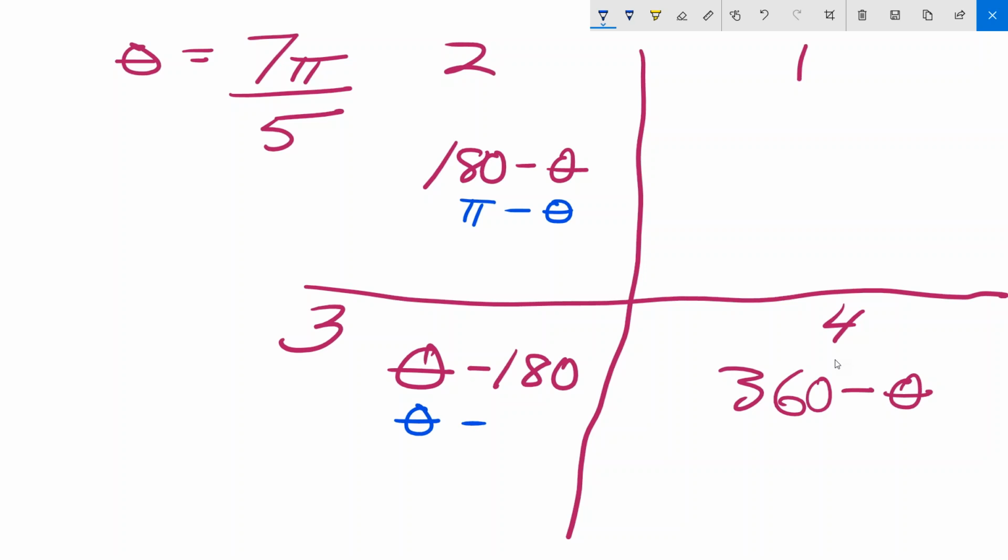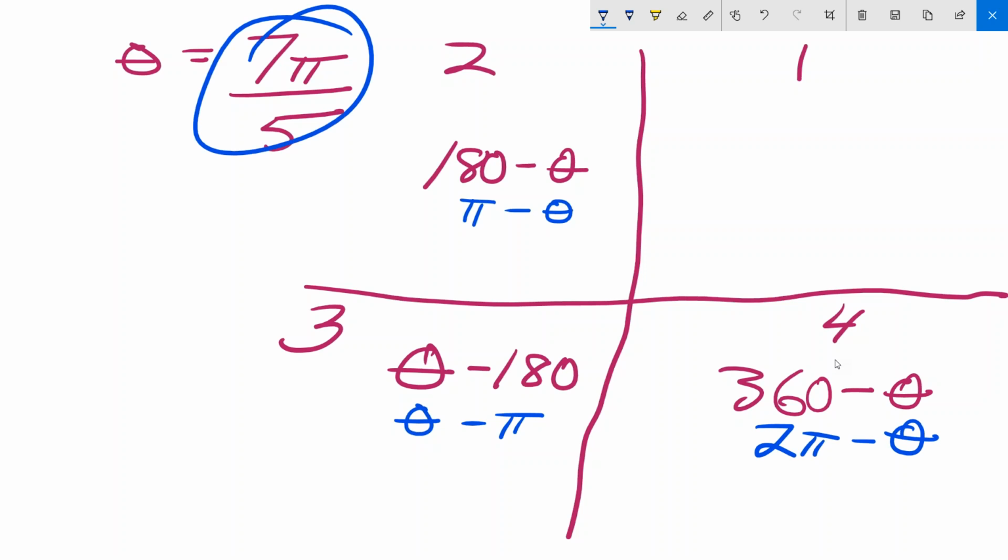And what's the fourth quadrant one? You got it. Now, it's really easy now. So substitute that for theta. So all you have to do is figure out which quadrant it's in. So let me label the quadrants in terms of radians.